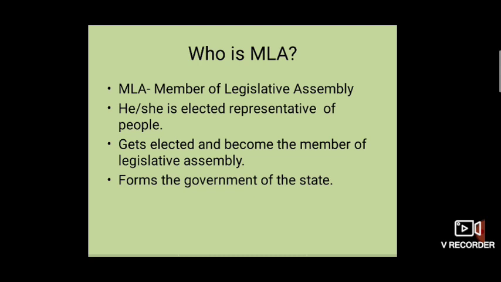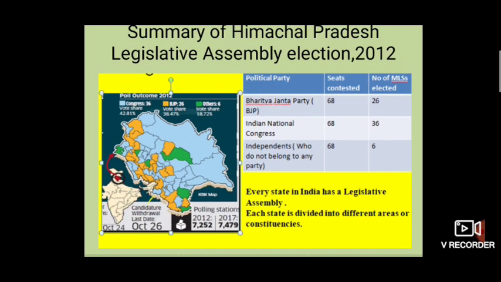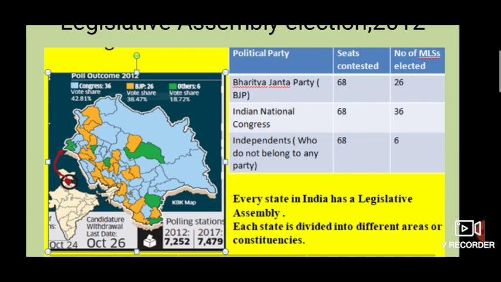Actually, in an election, there are different political parties. The first step is the nominations. Different political parties give their nominations. People stand on behalf of their party from a particular constituency. If we talk about Himachal Pradesh, see this example, there are 68 constituencies. From each constituency, one person will be from the Bharatiya Janata Party, one from the Indian National Congress, and there can be independents or candidates from the Aam Aadmi Party.